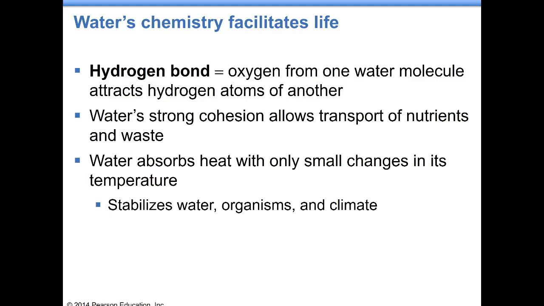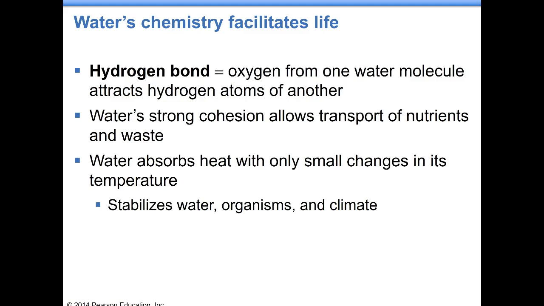Water absorbs heat is another property that we did not talk about in general biology, but just think about 73–75% of the Earth's surface is covered with water, and the sun's beating down on that daily, especially in the summertime. And it absorbs a lot of heat. It can hold a lot of heat before it begins to be at a temperature that is not viable for living systems.